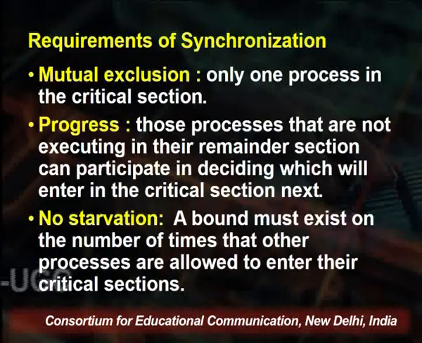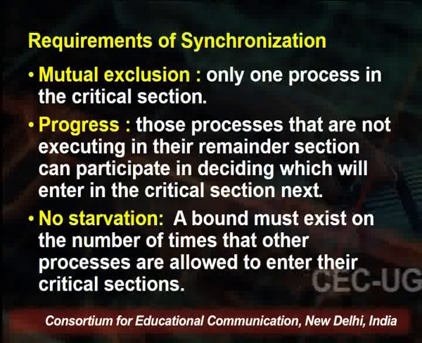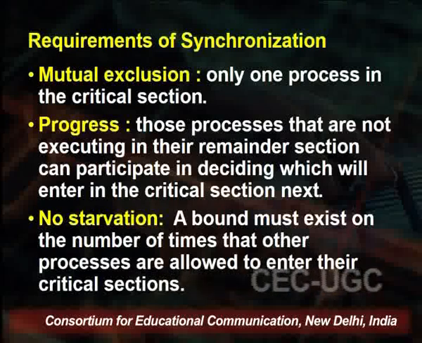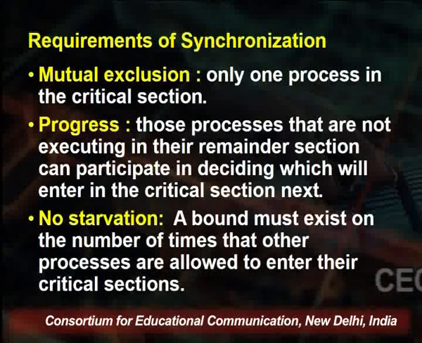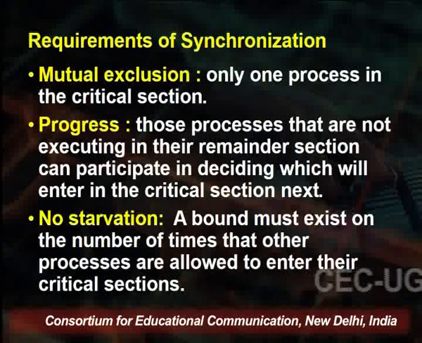And the third requirement is the no starvation policy. So no starvation, as the name indicates, means every process which is looking for the critical section must be allowed to enter into the critical section, and a bound must exist on the number of times that other processes are allowed to enter their critical section before a request made by any process is granted.